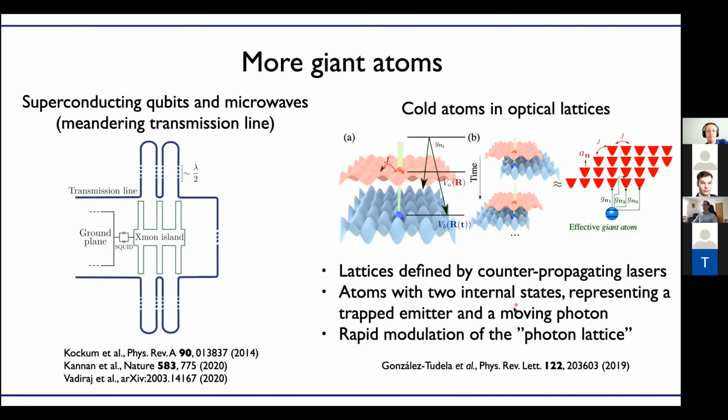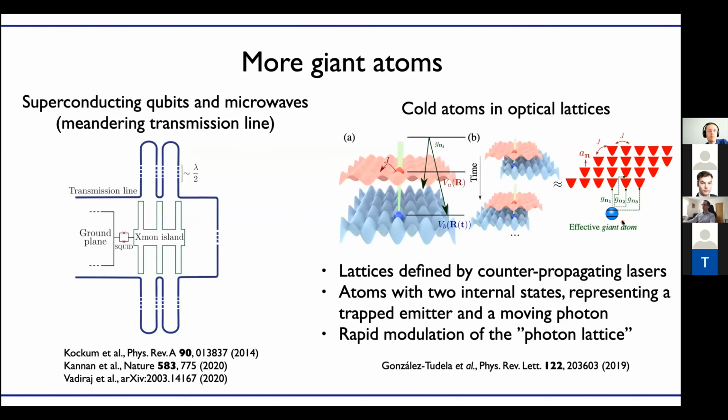Each of these states feels a different lattice, and if you rapidly change the lasers, you can move the photon lattice around such that you effectively couple to several points in this photonic lattice. So this is some sort of effective giant atom that you could construct.